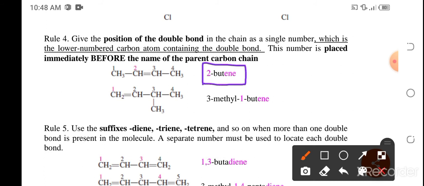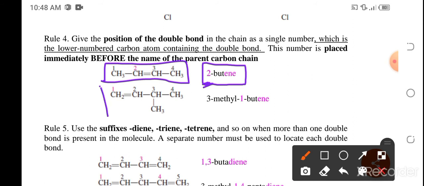So you are putting a number before the name of the parent chain except for ethene and propene. So for this case, this would be named as 2-butene to denote that the double bond is in between 2 and the succeeding 3. But the 3 will not be reflected in the name.